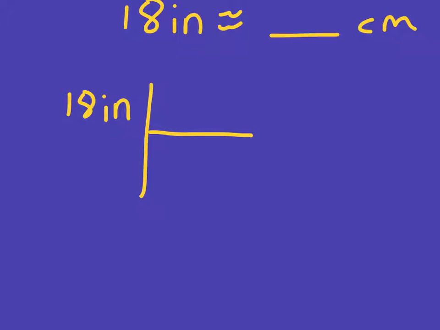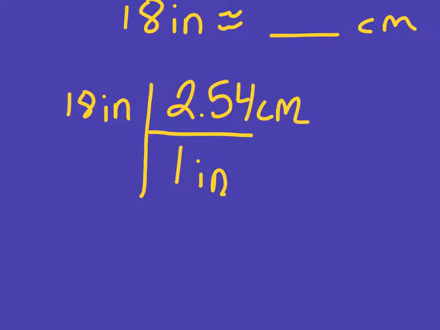I'm trying to get to centimeters, which means I want the inches to go away. So when I do it this time, my 1 inch is going to go on the bottom, and my 2.54 centimeters is going to go on top. That means the inches will go away, and I will be left with centimeters. From here, all I have to do is multiply across, 18 times 2.54, then divide it by 1.